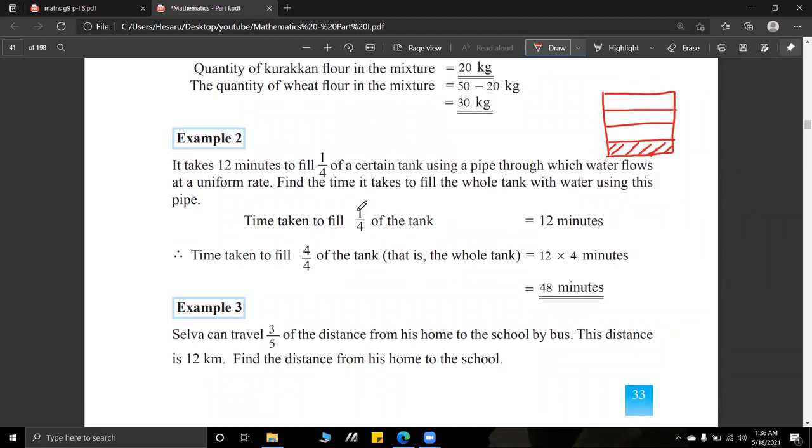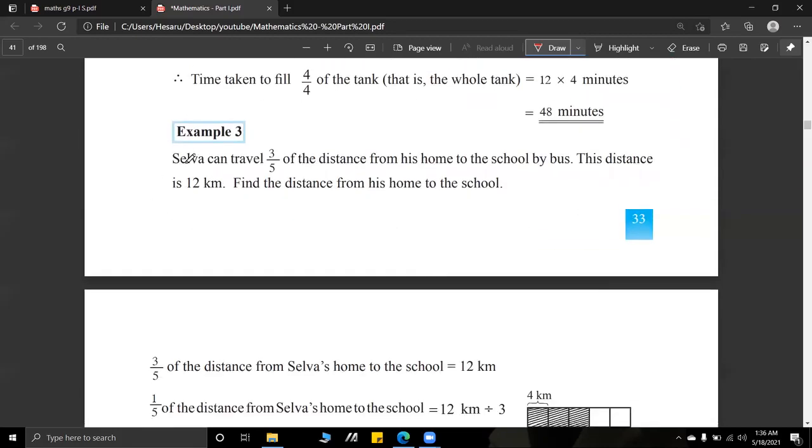For 1/4 it is 12. For one whole tank, it means 4/4, so the remaining three parts also should be filled. So for 1/4 is 12, for 4/4 this should be multiplied by 4. The value is 48 minutes. So again, quickly into the next.